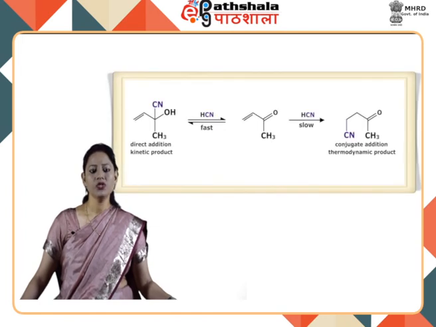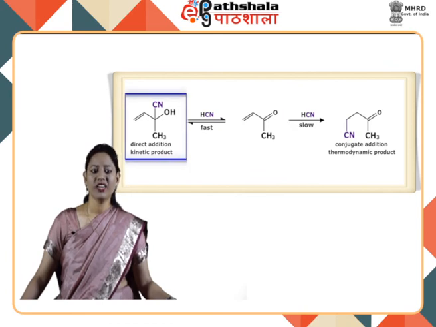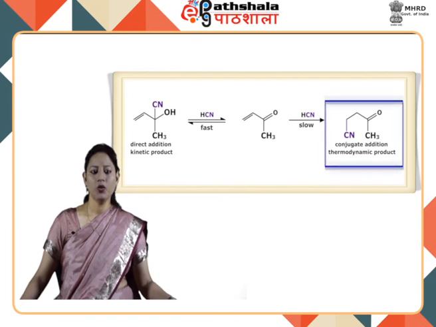When hydrogen cyanide is added to an alpha beta unsaturated carbonyl compound, the cyanohydrin is obtained fast and it is the kinetic product, and a direct addition product is obtained, while the beta cyanocarbonyl compound is obtained in a slow reaction and it is the thermodynamic product and a conjugate addition occurs.